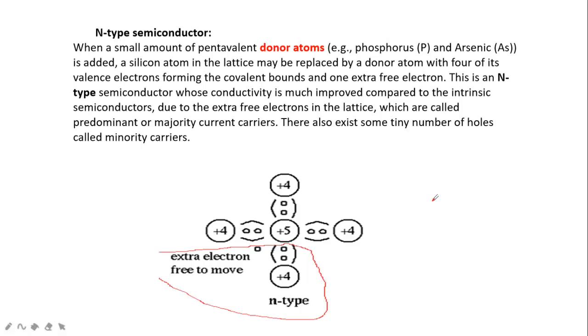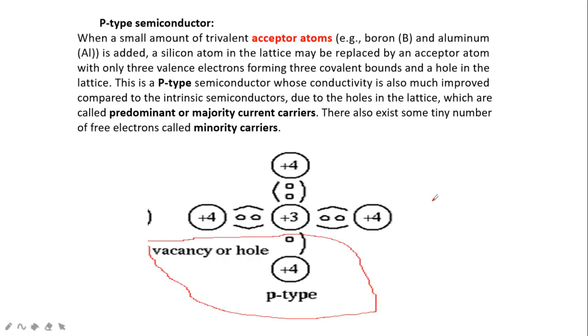Okay. Again, let's talk about p-type semiconductor. When we dope or mix some amount of trivalent acceptor atoms like boron, aluminium, etc., these are third group elements in the periodic table. They place themselves in the third group. So when we are adding boron and aluminium, then we are getting p-type.